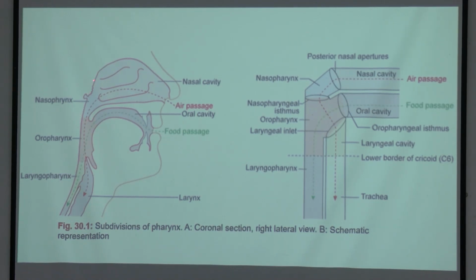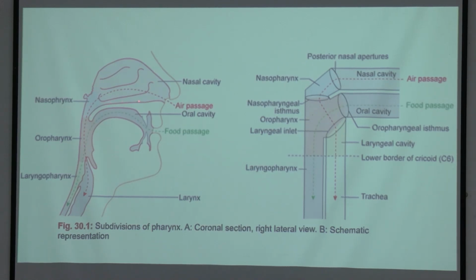The upper limit of the nasopharynx is formed by the undersurface of the skull, that is the basi-sphenoid, basi-occiput and occipital bone, and also the anterior arch of atlas.